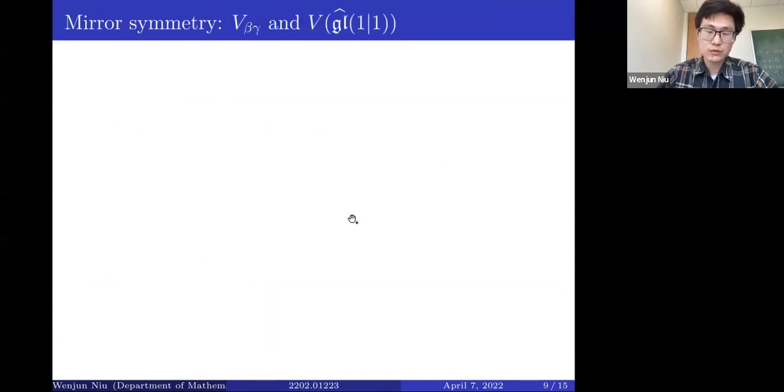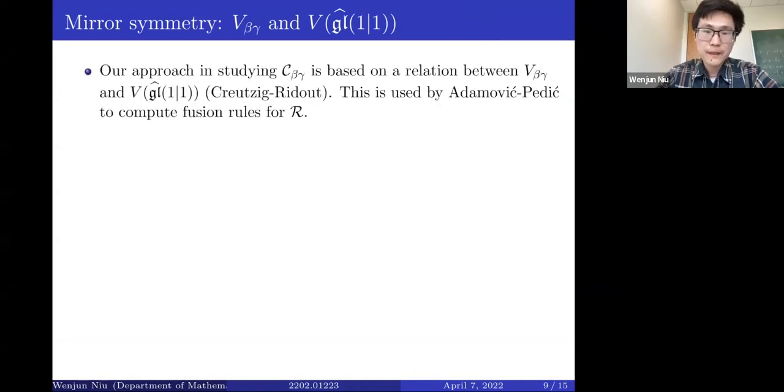To show that, we use this mirror symmetry relation. The idea is that beta gamma is related to the affine Lie superalgebra GL(1|1), described by Creutzig and Ridout. And this is used by Adamović and Pedić to compute fusion rules in the smaller category.